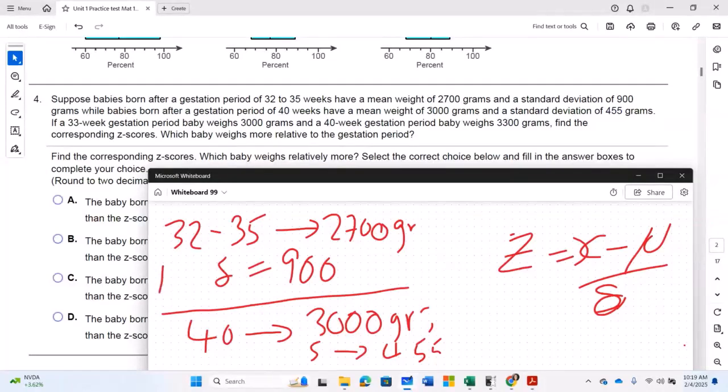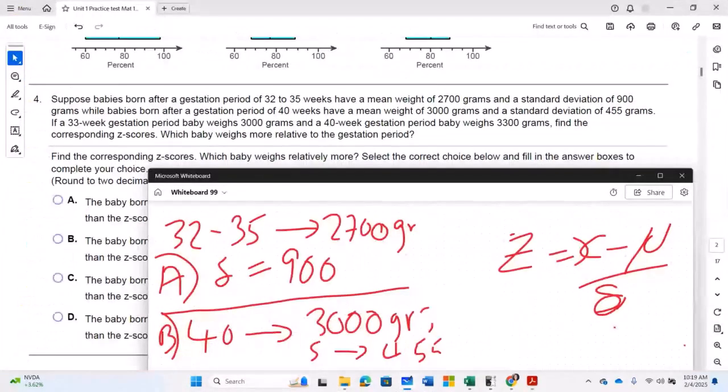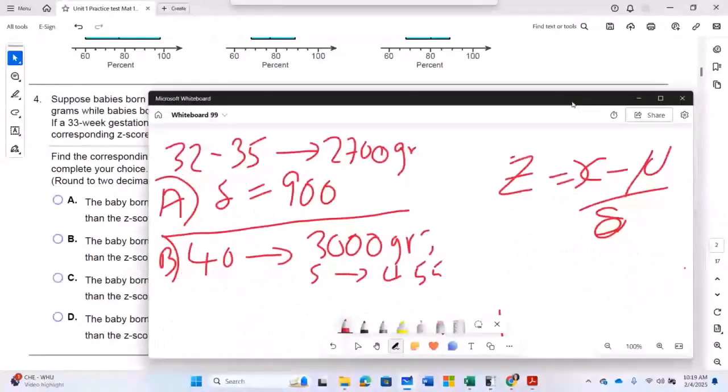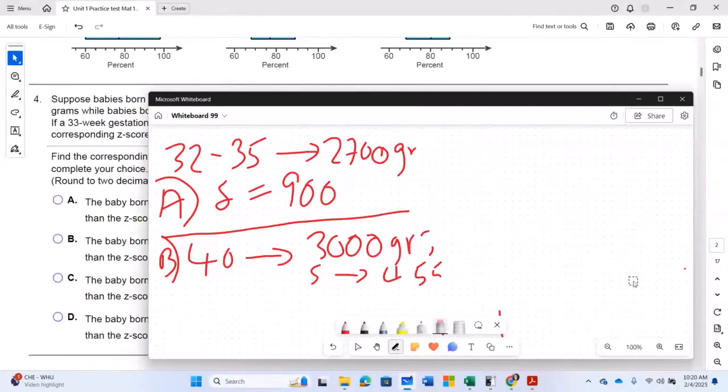Let's call this one A. We're going to find the z-score of A, and find the z-score of B. The z-score of A, we already know, is value minus mean divided by standard deviation. For the first one, I am going to do it on top, and we'll get the information for the first one.